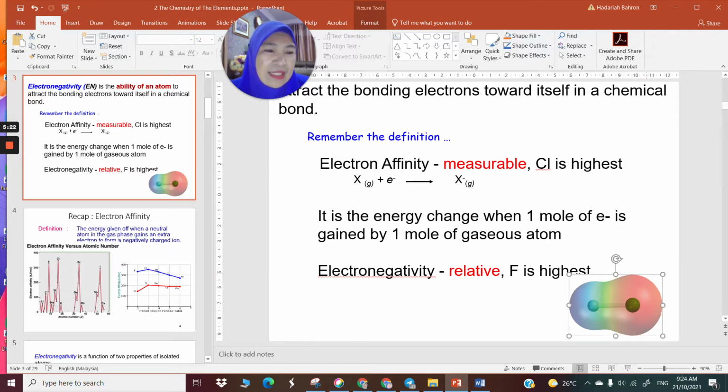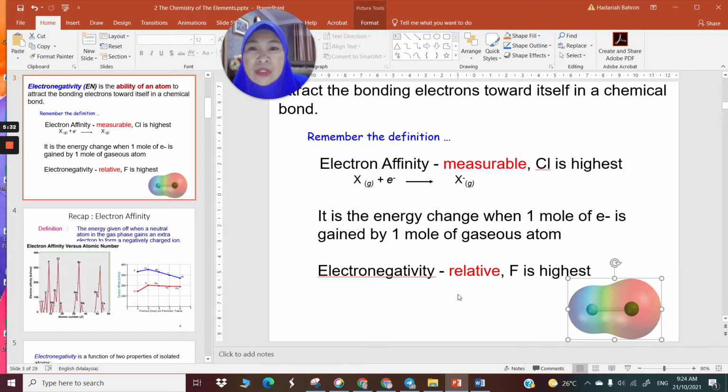You can see that the electrons are much more concentrated on the fluorine side, so the electrons are attracted towards fluorine compared to hydrogen.